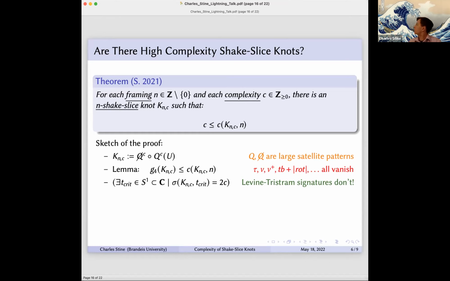And so in particular, the main technical result of this work is, for each knot K_{n,C}, finding a critical unit norm complex number at which the signature of K_{n,C} is exactly what we need it to be to get the lower bound. So that's what we do. We do more matrix algebra than I care to admit in order to find this value t_crit. And at that value, when we compute our signature, we get our bound and we get our theorem.